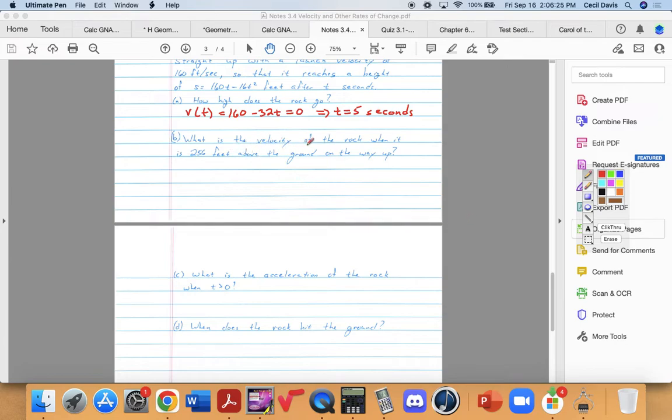So what is the velocity of the rock when it is 256 feet above the ground on the way up? Did you do something wrong? Do we have to find how high the rock goes at 5 seconds? Oh, yes, thank you. So now I need to know what is s of 5. So it's 160 times 5 minus 16 times 5 squared.